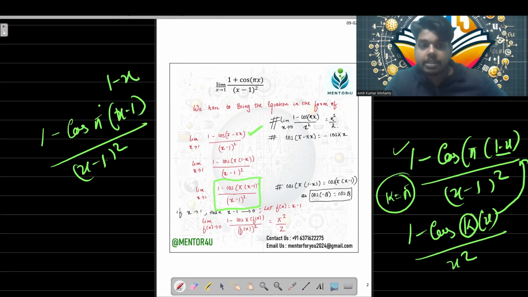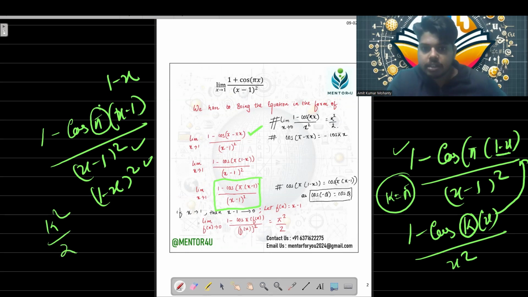Why? Because in the denominator it is a square term, so if you replace either form, it doesn't matter, because the square gives the absolute length. Clear? So in this expression, if this is the k, the answer is k square by 2, according to our previous result.